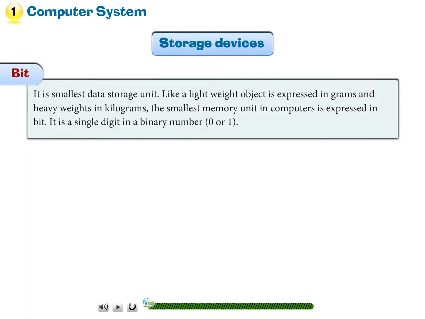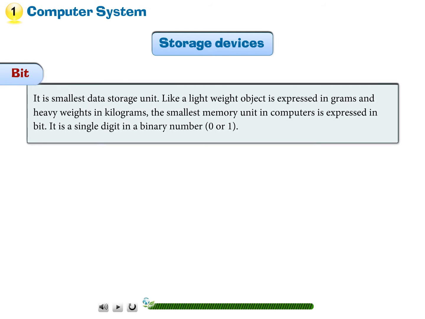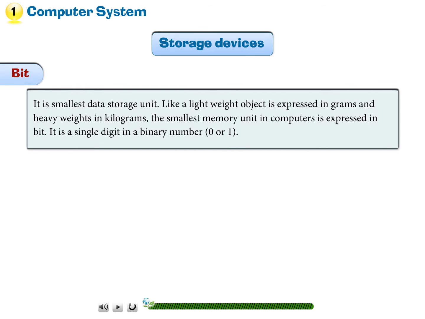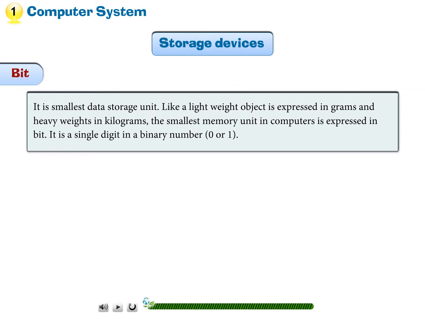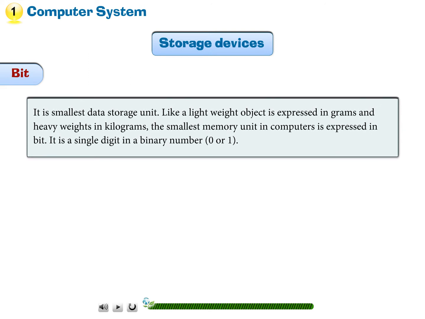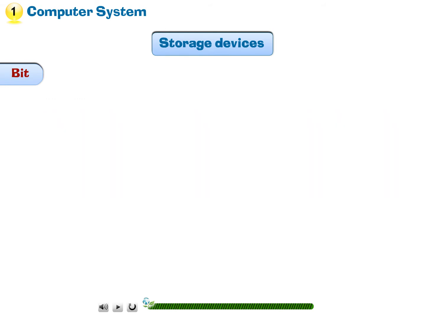Bit. It is the smallest data storage unit. Like a lightweight object is expressed in grams and a heavyweight in kilograms, the smallest memory unit in computers is expressed in bits. It is a single digit in a binary number, 0 or 1.